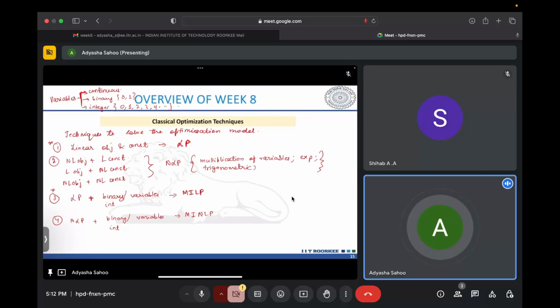It may sometimes happen that you get stuck in a local solution, and hence this class of optimization problems is difficult to solve using classical optimization techniques. So LP and MILP guarantee the optimality, whereas for NLP and MINLP, global optimality is not guaranteed.